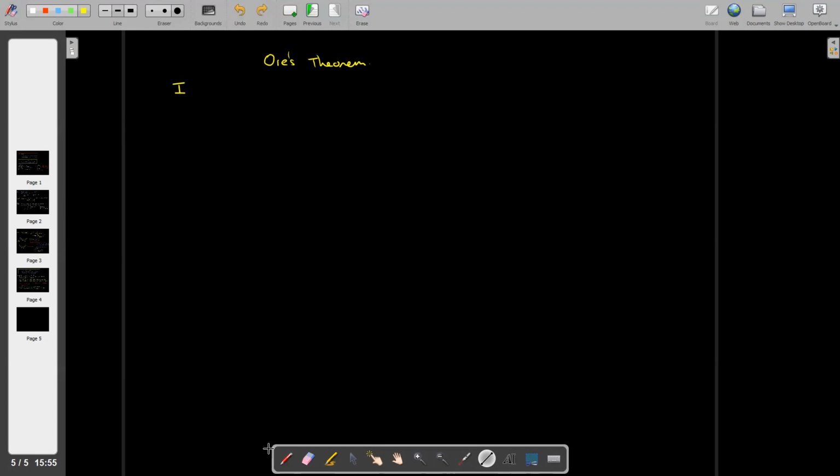So the theorem says if, for all non-adjacent, well, let's put it in symbols first, and I'll write it in English in a minute. So if for all U and V, which are contained in the vertices of a graph G, so U and V are vertices of a graph G, such that the edge UV is not contained in the edge set of G. So U and V are vertices, but UV is not an edge.